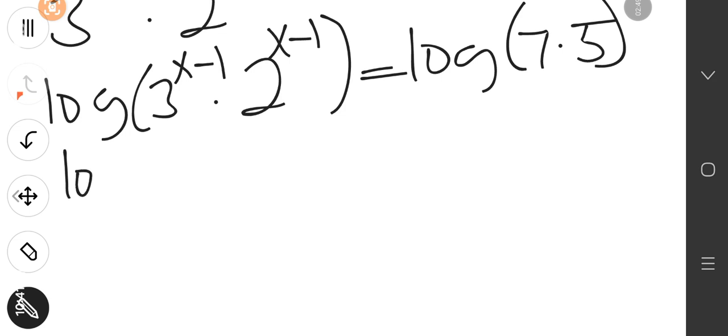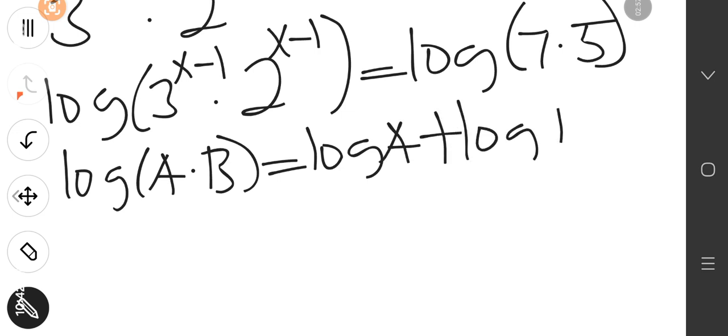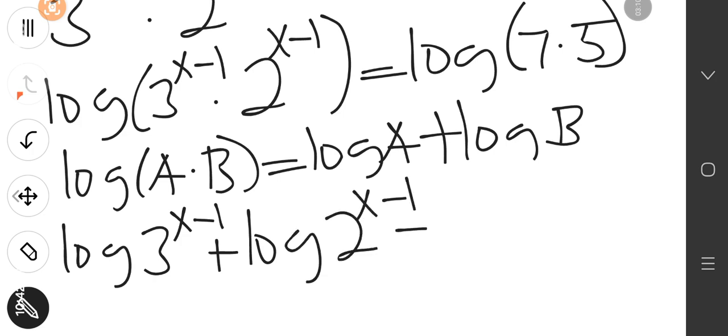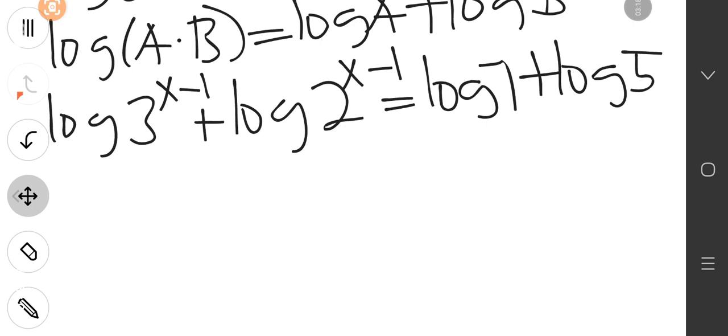So if you have log (a times b), this gives us log a plus log b, okay? So our equation becomes log 3^(x - 1) plus log 2^(x - 1) equals log 7 plus log 5. All right.